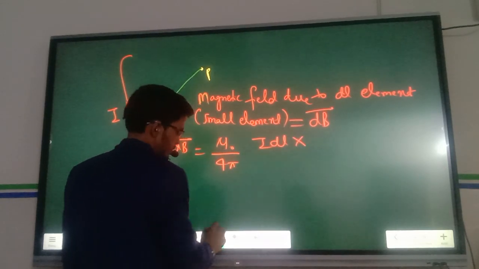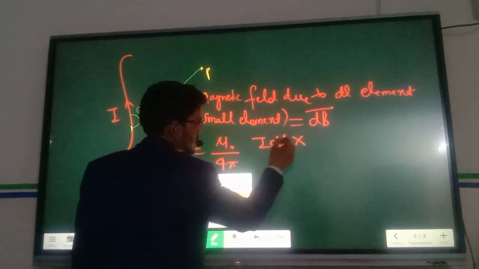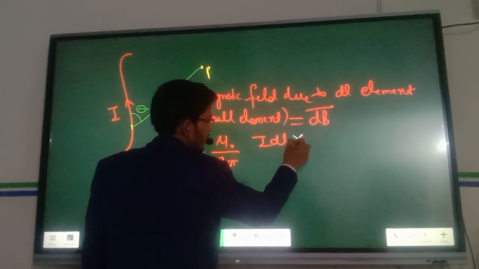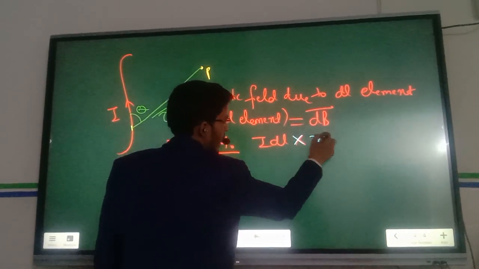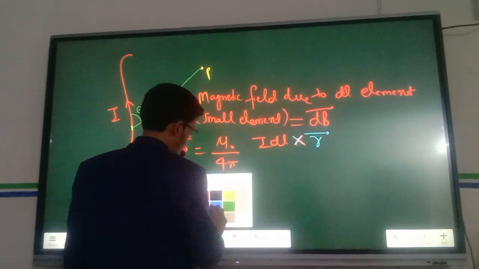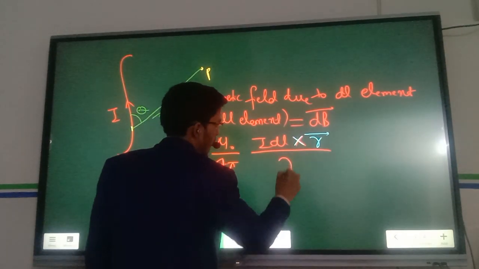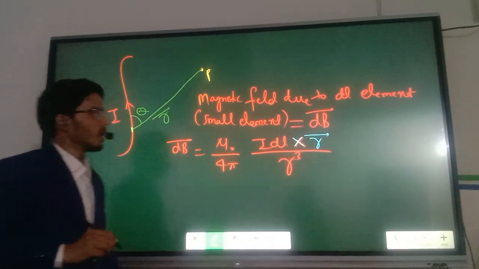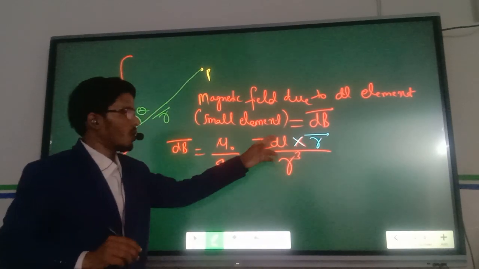This is cross, understand? This is cross. Now this is a vector, but this is not a vector.